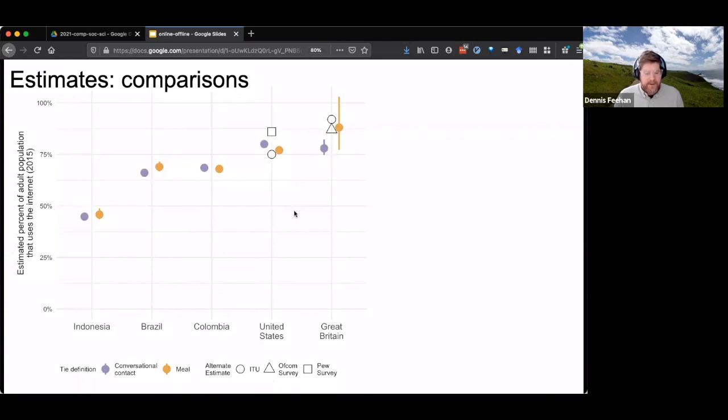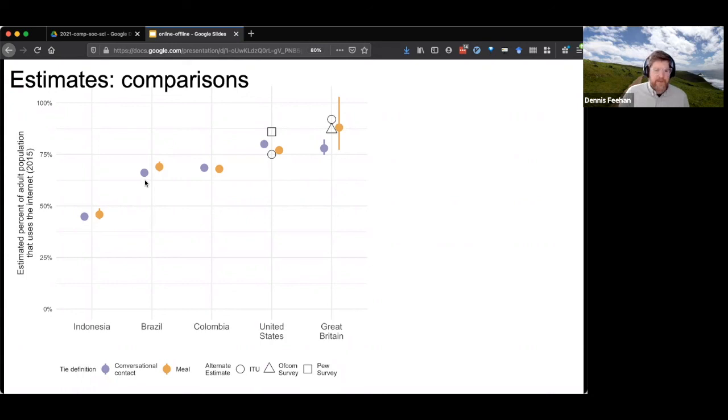And in Great Britain, we have an Ofcom survey and also a survey from ITU. The ITU estimates are actually repackaging of the Census Bureau estimates in the US and the Eurostat estimates in Great Britain. So these are high quality alternate estimates. And you can see that the results from our study are mostly in line with those, especially for the meal definition.